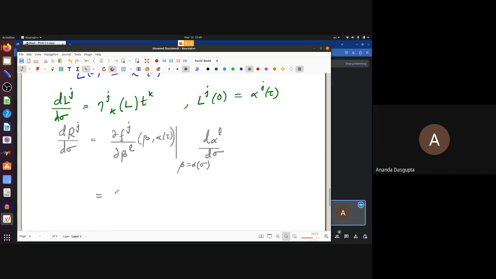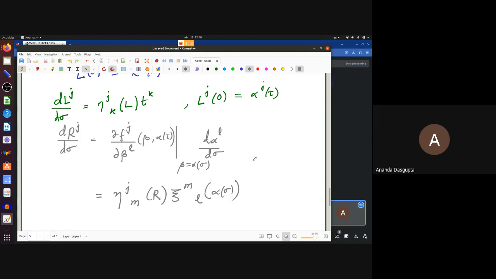That's going to be eta j, okay, let's call that m, at f of beta, f of alpha L comma alpha tau, but that's nothing but r. So eta jm at r, xi mL at beta, which is of course alpha of sigma. Right, this is nothing but our formula that we got from associativity.